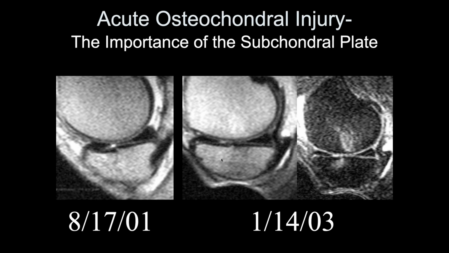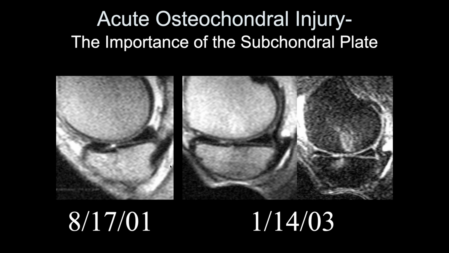Jennifer, what do you think of this case? So here we have some images from 2001 as well as 2003. So it looks like here along the tibial plateau, we have a similar appearance where there's some mild intraarticular step off, but the overlying cartilage is intact, an osteochondral injury.